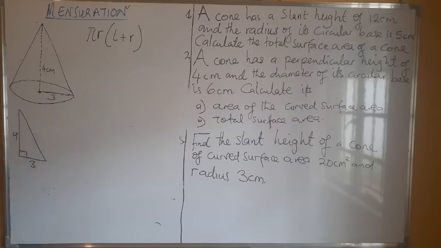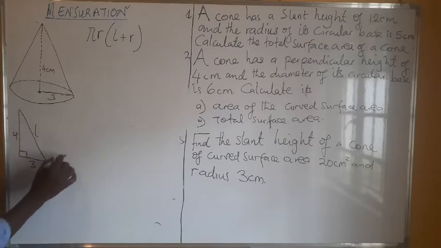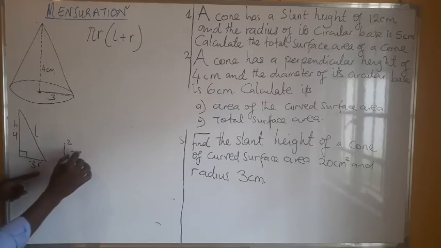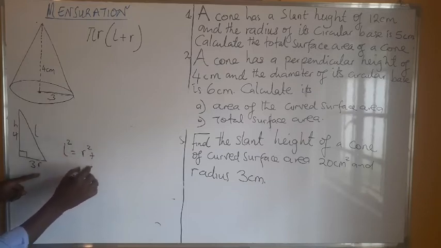Now, if you remember our Pythagoras theorem, we say the square of this one is equal to, if I take this side as h and this one as r, which is the radius, r squared plus h squared.